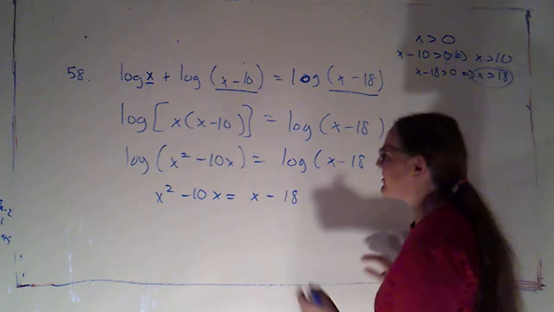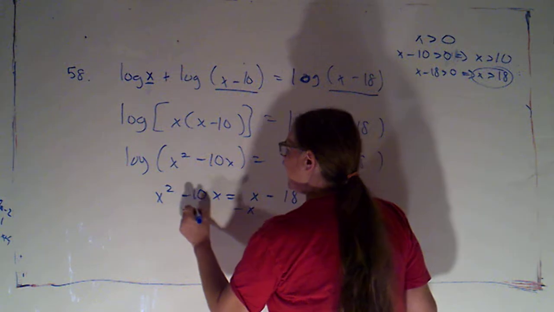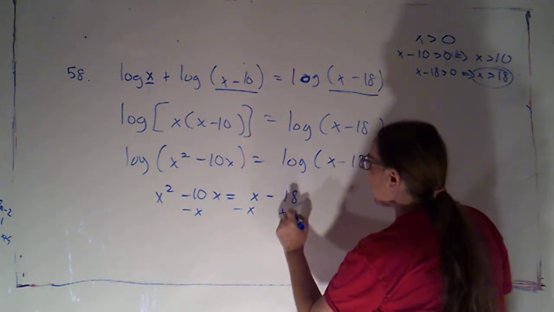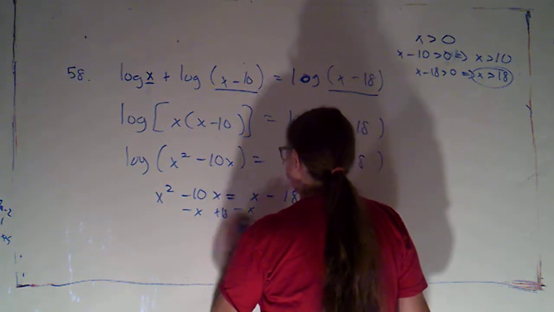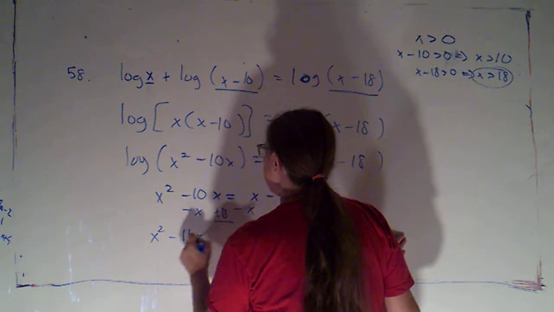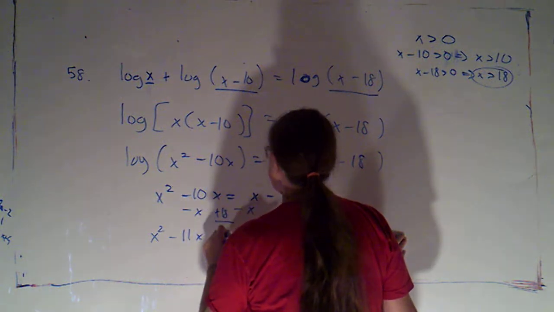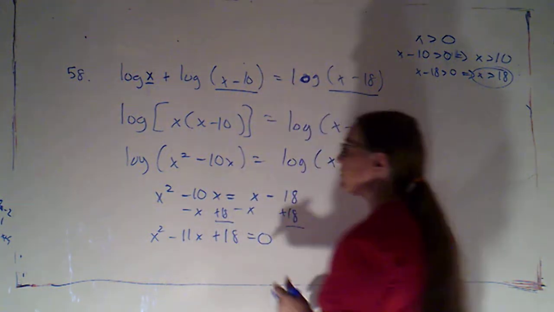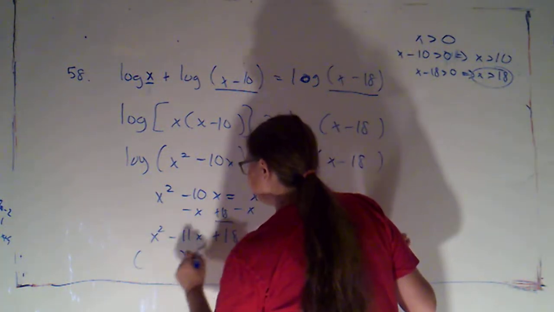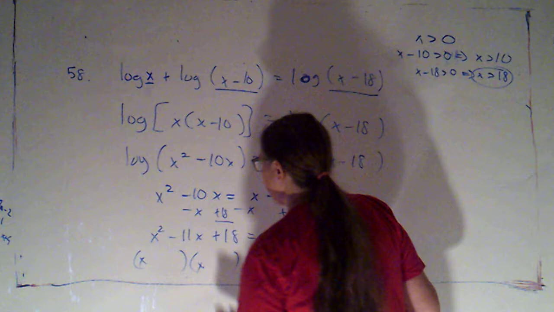All right, since this is quadratic, I want to move everything over to the other side. So I'm going to subtract over x and add over the 18. So we'll have x squared minus 11x plus 18 is equal to 0. So let's try factoring. An x and an x.